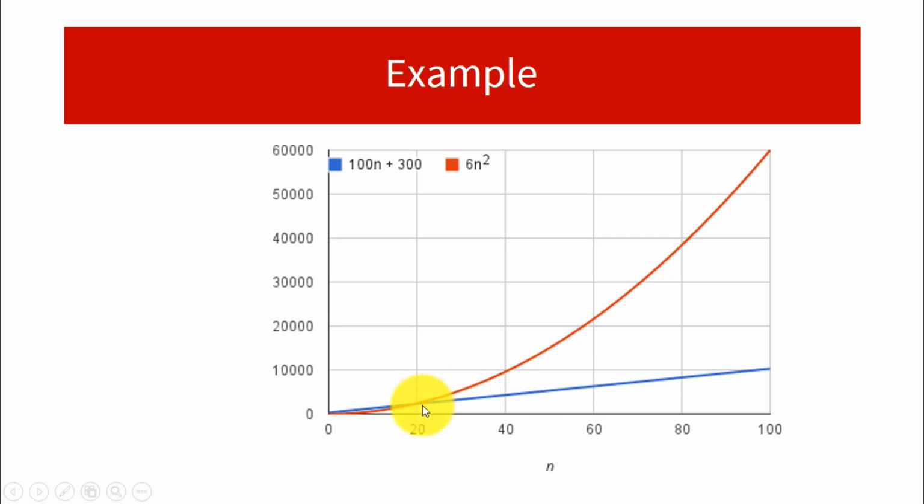So n naught means there is some value of the input when n is equal to that or greater than that. When the size is 20, for example, or greater than 20, the red curve representing the 6n squared term is going to dominate, and this is actually the term which contributes more to the growth of the overall function.